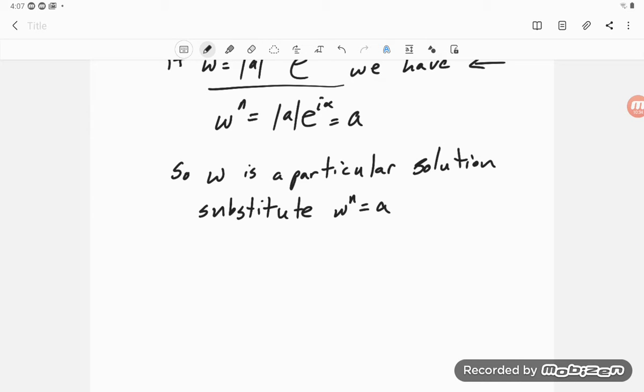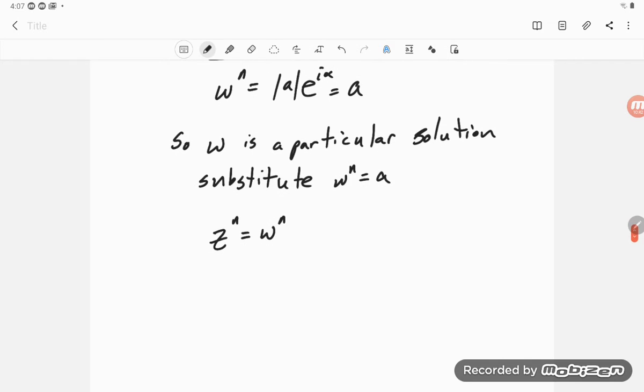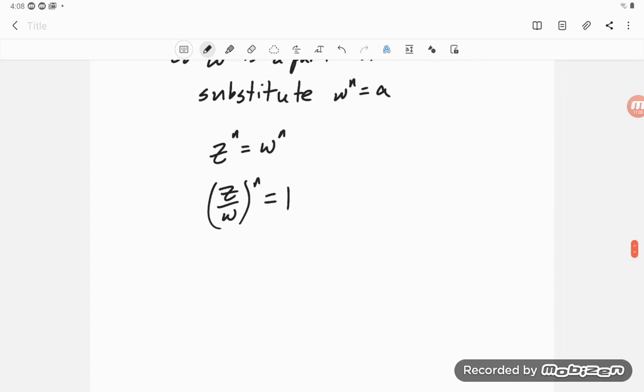So we substitute that, and we have z^n equals w^n. But now if I divide both sides by w^n, I have (z/w)^n equals 1. And so then I can get the solution for z over w, right?